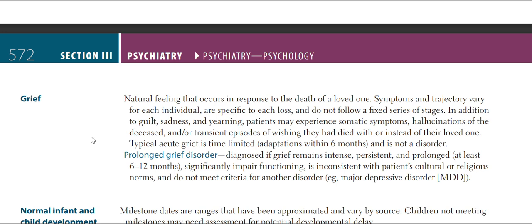And it is completely normal for patients to have hallucinations during grief. The hallucinations will classically involve seeing images of the death of the loved one or hearing voices of the loved one, but they will all be related to the grief or the loss. It won't be random voices or seeing aliens, but instead it would always be something related to the loved ones.